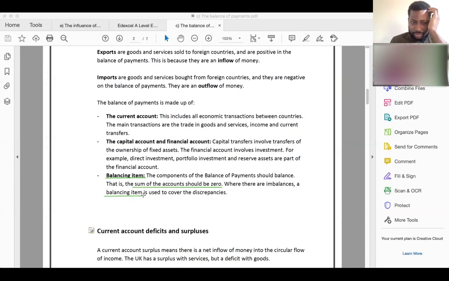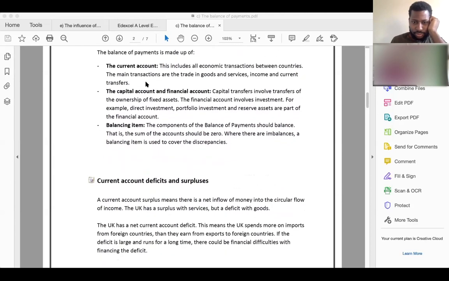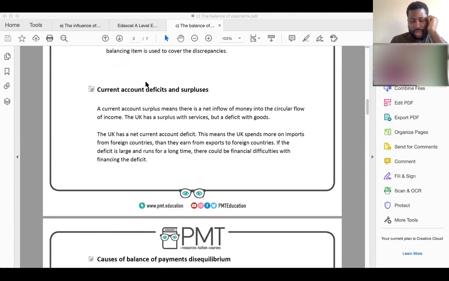Obviously, the balancing item needs to be there because this is really complex. You can never have complete records. There's stuff in the economy that's not reported.